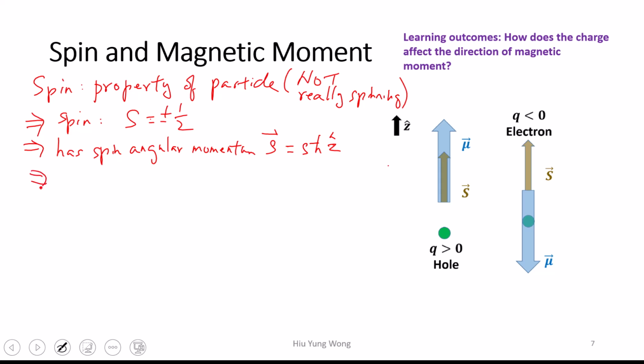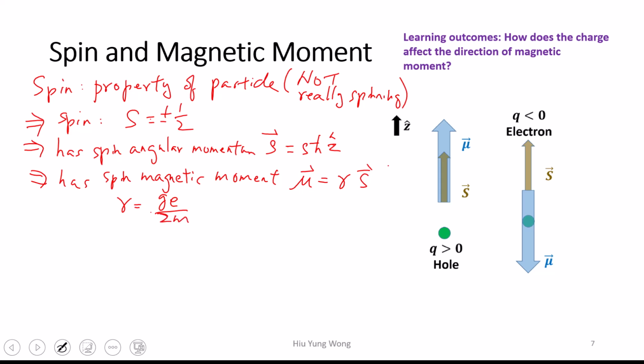Similarly, it was also found that when you have spin, you also have a spin magnetic moment. Right? It's a physical property. You can measure it, and it turns out this spin magnetic moment is just equal to gamma times the spin angular momentum, with gamma equal to g e divided by 2m.